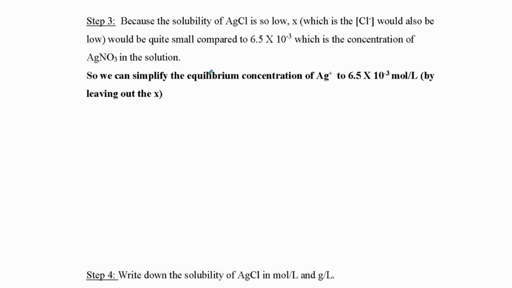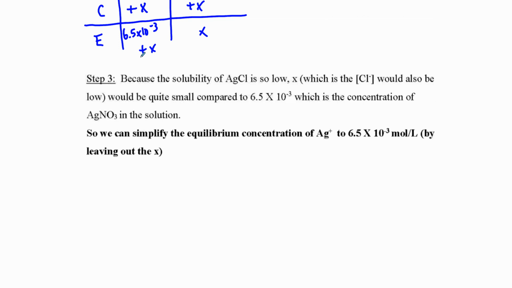Now the nice part about this is instead of dealing with this multiplied by this to solve for KSP, because AgCl has such a low solubility, X, which is the concentration of the chloride ion, would be very, very small, right? So this is already a small number. The X value is going to be even smaller.